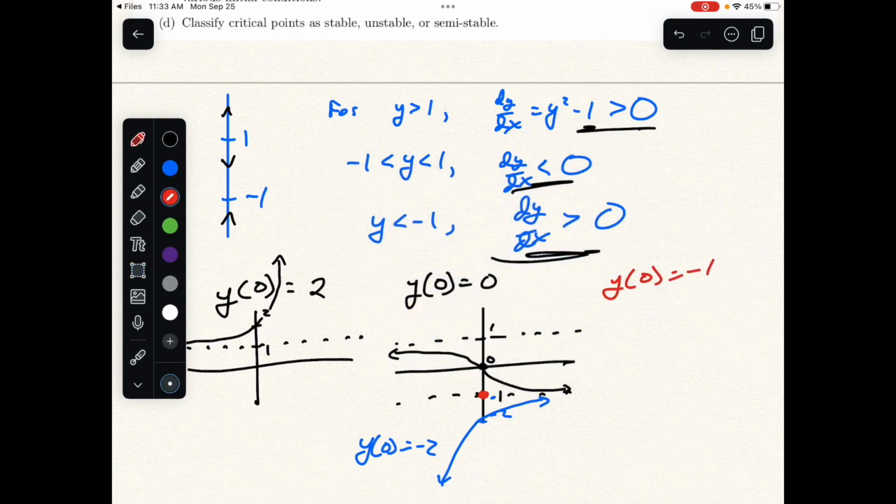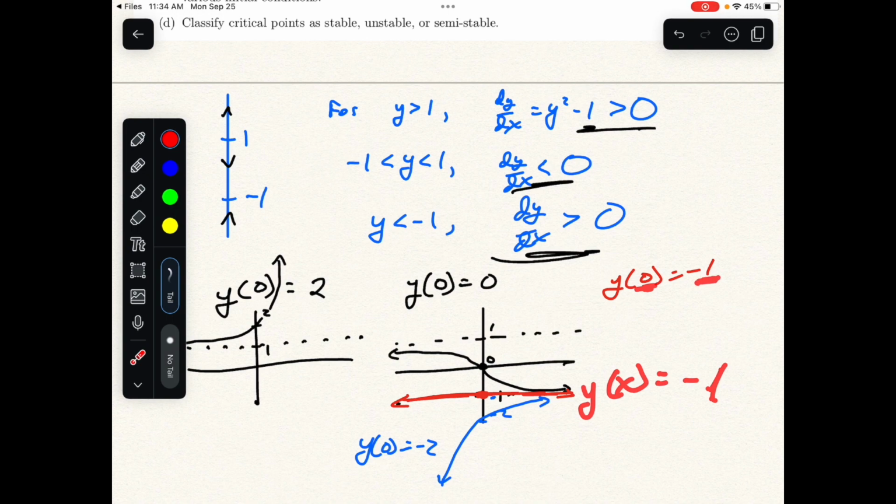If we go through this point right here, then that means we're on the equilibrium solution, and so we actually have to exactly be the equilibrium solution. So if you're at an equilibrium point, then the solution is just going to be the function y of x equals -1. If you want an equilibrium solution that satisfies y of 0 equals -1, assuming that -1 is an equilibrium point, then the function y of x equals -1 would satisfy that initial condition and that autonomous DE.